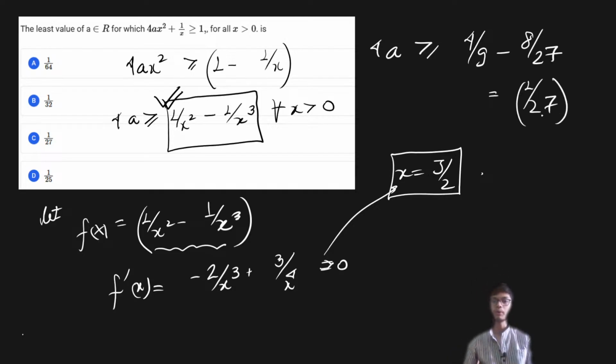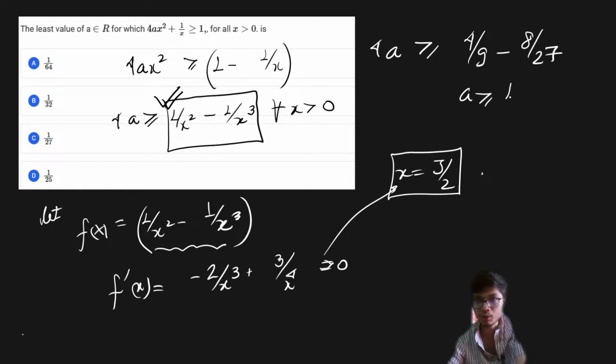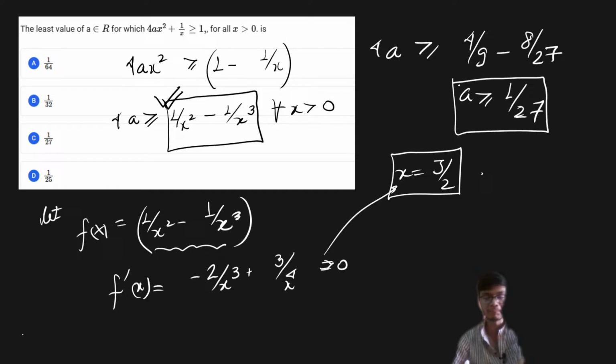So sorry, we will have a greater than or equal to 1 upon 27.